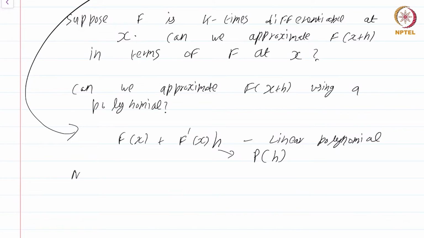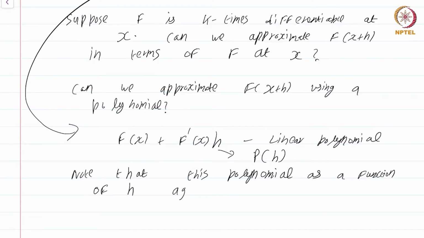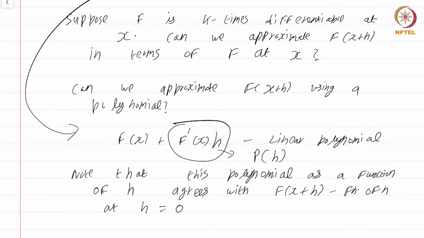Note that this polynomial as a function of h agrees with f of x plus h, treated again as a function of h, at h equal to 0. Well, yes, when you substitute h equal to 0, this term vanishes. You get f of x equal to f of x.